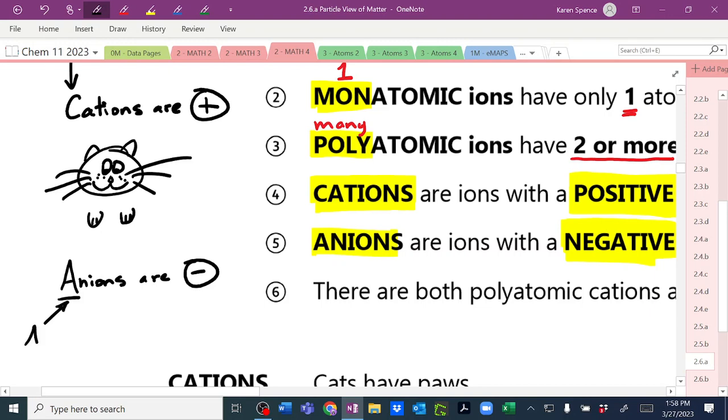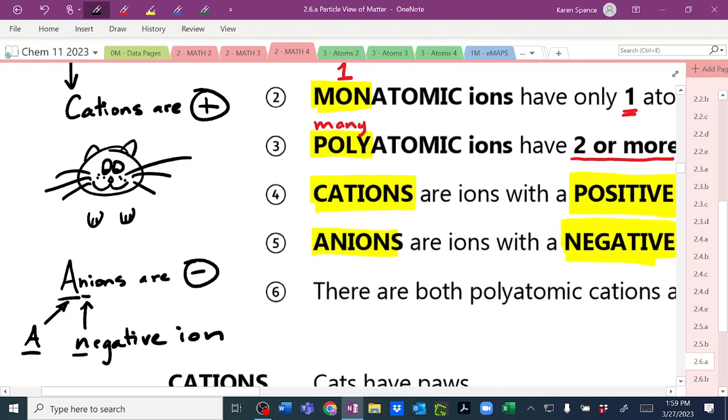You might have a negative ion. A negative ion is an anion. Or you might say anion sounds a little bit like onion. And what do onions do? They make you cry, and maybe crying is a negative thing, although not always, but sometimes crying can be negative, okay? So those are anions.